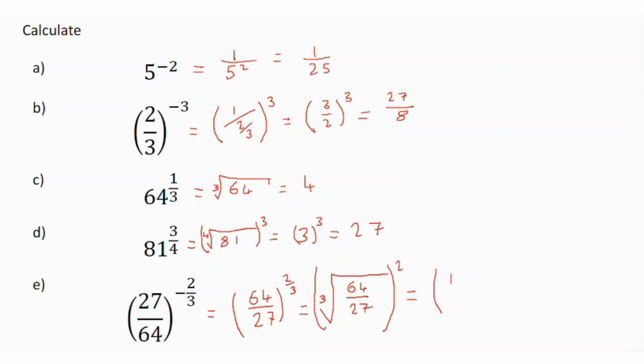So the cube root of 64 is 4, and the cube root of 27 is 3. And finally, the square of 4/3 is the square of 4 over the square of 3, giving us a final answer of 16 over 9.